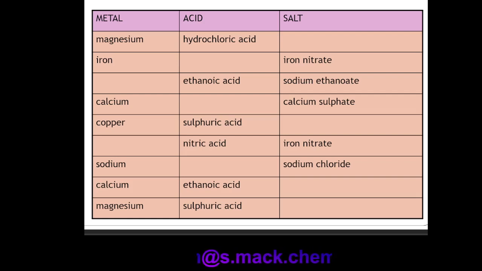Right, so we do know that hydrogen gas will be formed, but for now, what we want to be able to practice is the naming of the salt. So you're going to pause the video, take down the table from the screen. You are going to attempt the questions, and then you are going to replay the video or restart in order to see the answers.